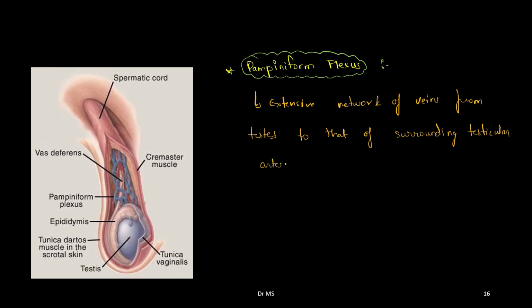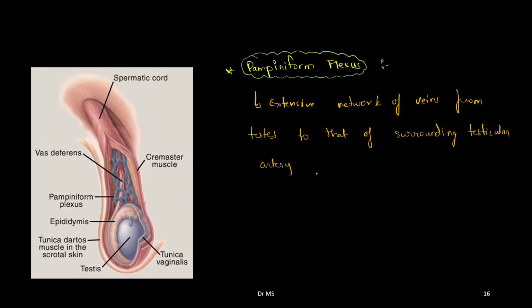So what happens? There is a big artery that is bringing blood from the abdomen to these testes. When it brings blood from the abdomen, it is bringing warm blood. That warm blood will lose its temperature into this network of veins.